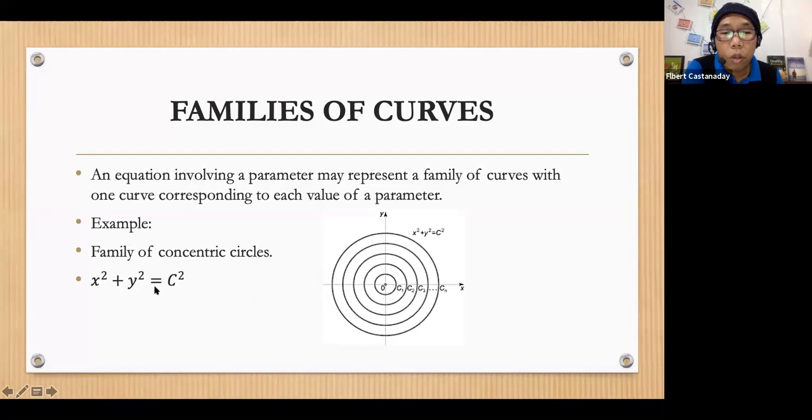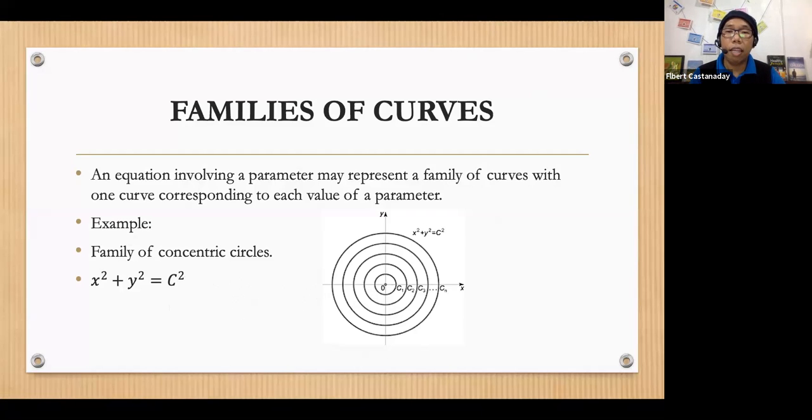So ibig sabihin nito, yung bawat value ni c or ng radius represents one circle. Kasi nga, family of circles or lahat ng circles na yung center ay nasa origin. So, ibig sabihin, yung parameter doon is the radius. Kasi magkakaiba yung mga size ng mga circle na yan. May maliit, may malaki, palaki ng palaki.